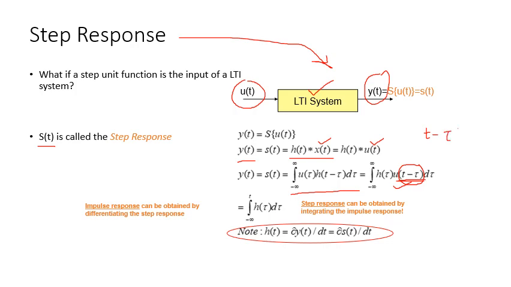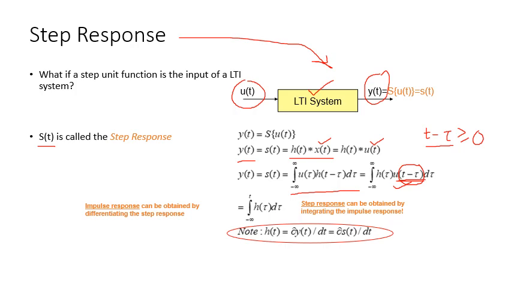This is given by the definition of the unit step function, which has a value of 1 for t greater than or equal to 0. Whatever is in the bracket has to be greater than or equal to 0, only then this function will have a value of 1, otherwise it will be 0.